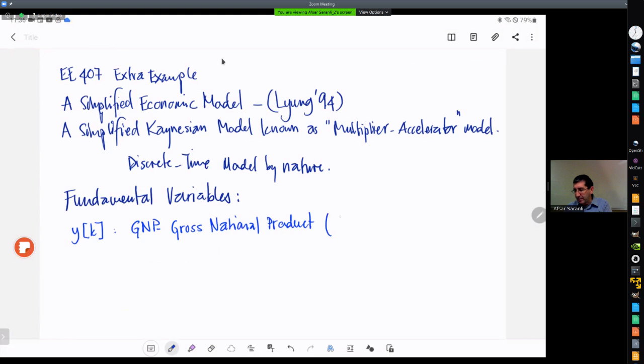Well, this is nothing but the total monetary production, that means anything of value produced by the country. So what the country produces as a value is called the gross national product. Here k is the discrete time variable.